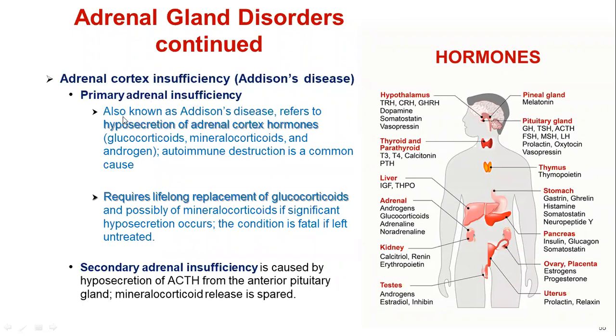Let me read inside. Also known as Addison disease, it refers to hyposecretion of adrenal cortex hormone. If I ask you what hormones are secreted by the adrenal cortex, you can answer glucocorticoid, mineralocorticoid, and androgen. Androgens are sex hormones. These hormones have an important role in metabolism. Androgen also helps to distinguish between male and female, right?